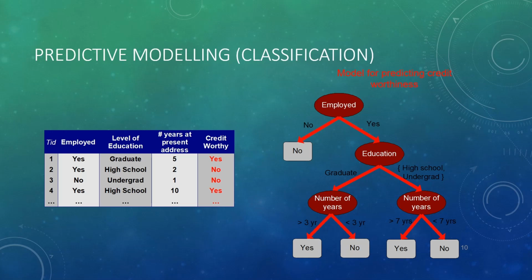Of course, it's here for now. But for any future record, we might be interested to decide whether the person is credit worthy or not. Let's say we found out later, but if we are able to predict in advance, that would be useful. So prediction is simply where we try to find the unknown.